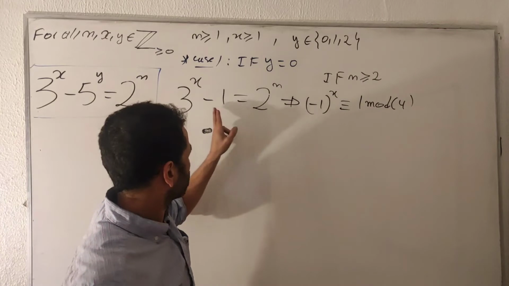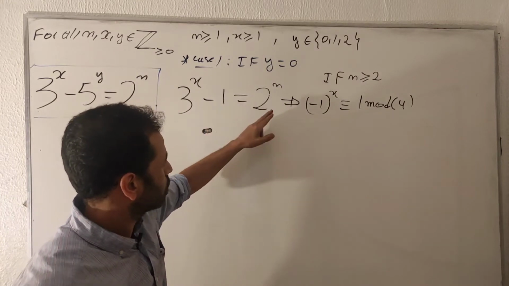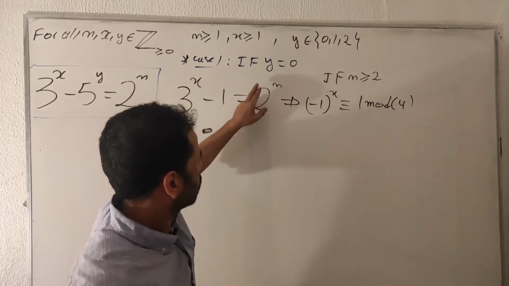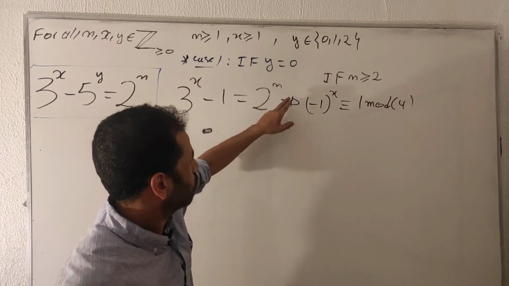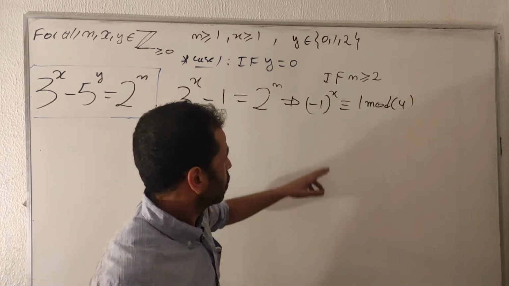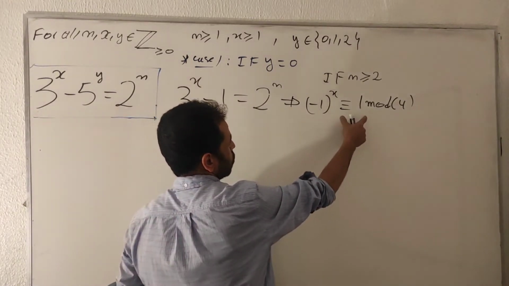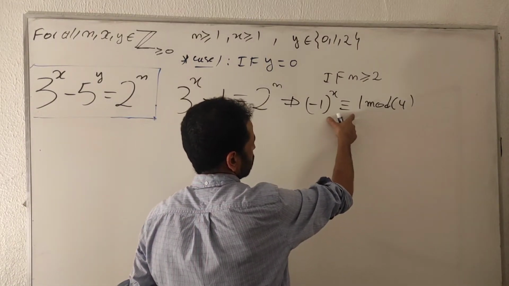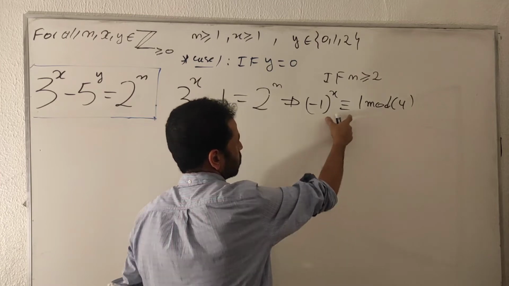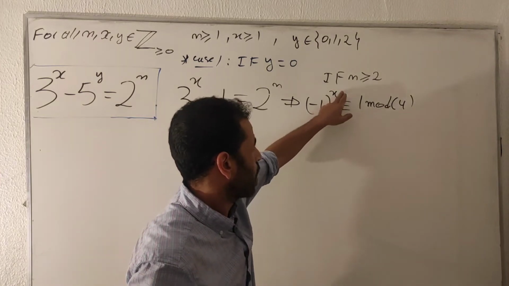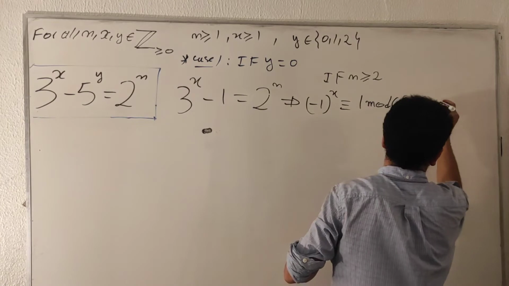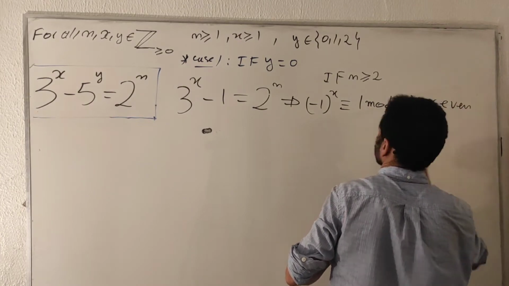I will be left with minus 1 by moving this minus 1 to the right, and then this one will be 0 mod 4 because we have n superior or equal to 2 here. So in order to get this statement true, we must have x even.